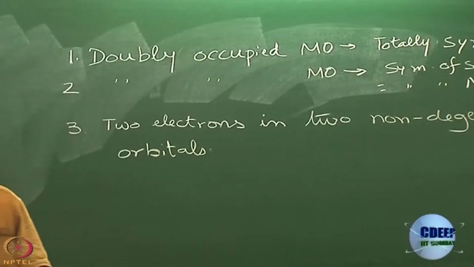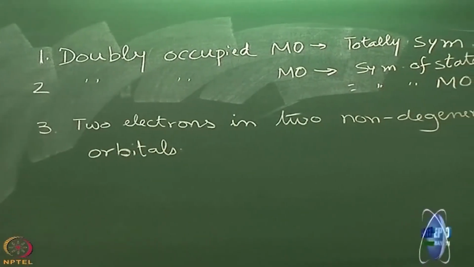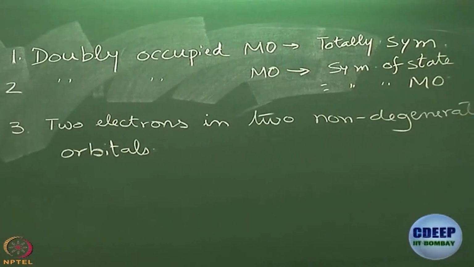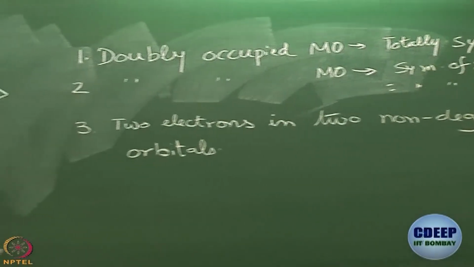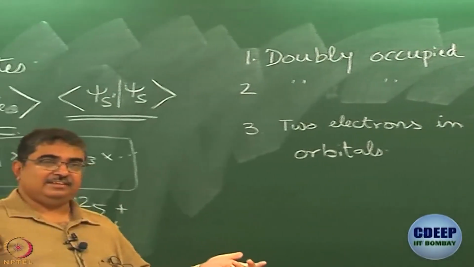Of course, if you have 2 electrons in 2 non-degenerate orbitals, can that ever be a ground state? One electron in one MO and another electron in another MO, they are not of the same energy, that can only be an excited state, alright.